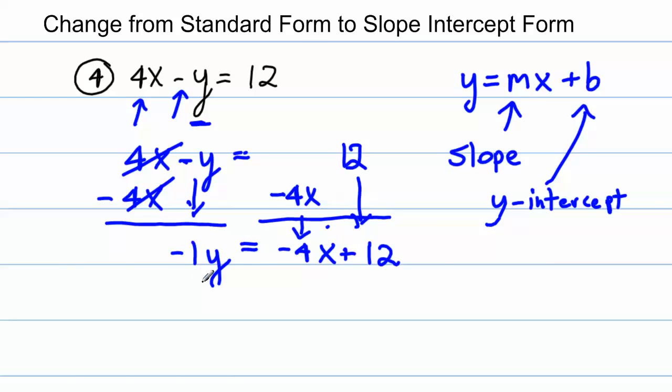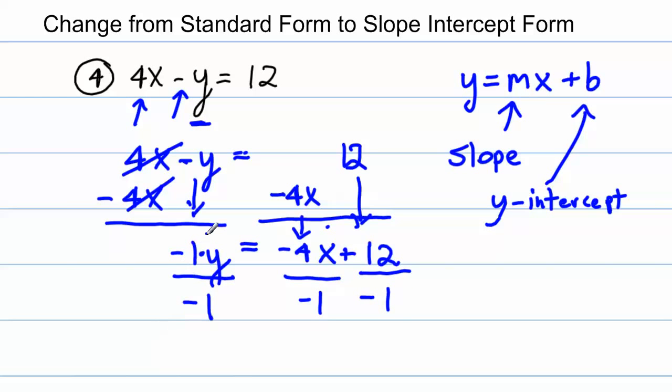Alright, now we need to get y all by itself. In this case we have negative 1 times y, so we need to divide by negative 1 there, and divide by negative 1 here, and also here.